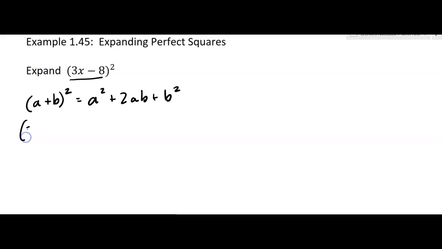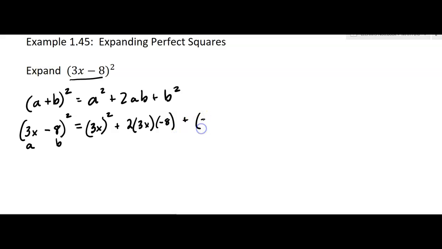In our case, we have 3x minus 8, and we're squaring it. And so we could say it's 3x squared, because that's the a, right? This is my a and this is my b, plus 2 times 3x times minus 8 plus minus 8 squared. And then I just have to do the multiplication.